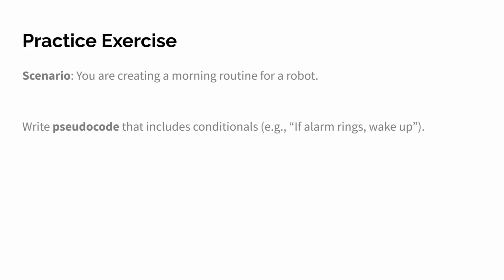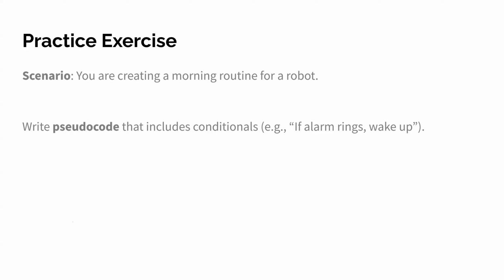I want you to do that in pseudocode. Inside that, add conditionals, for instance if statements, and also add iteration if you can, if you want to make the robot do something more than one time. For this task, I'll give you 2 minutes, and we can come back with your contributions.